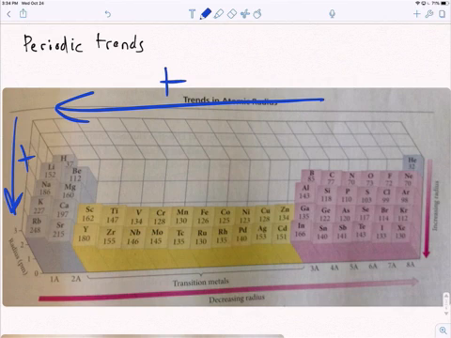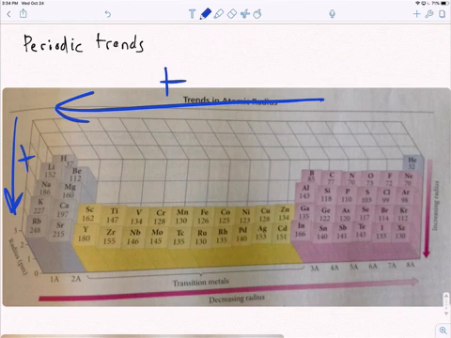And I'm going to talk about a couple other trends. The next trend I'm going to talk about is ionization energy. And ionization energy, that's the energy it takes to rip off an electron. So what do you think? Is it easy to rip off an electron? A really big atom, look at lithium, big atom with a huge electron cloud with a +1 center. Is that easy to rip off an electron there? Or what about neon with a +8 center with a really tight and tiny atom?